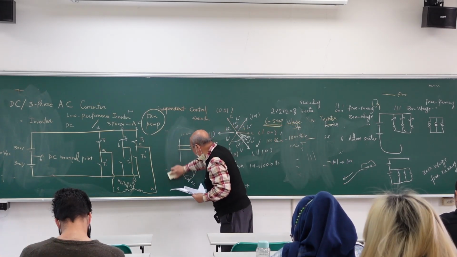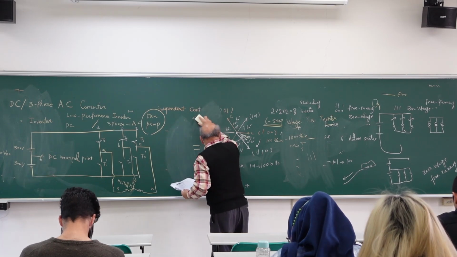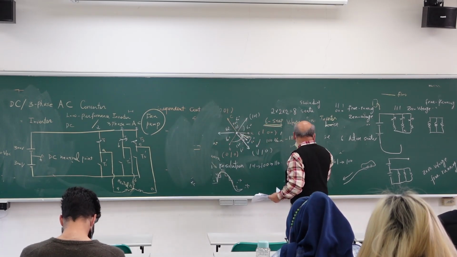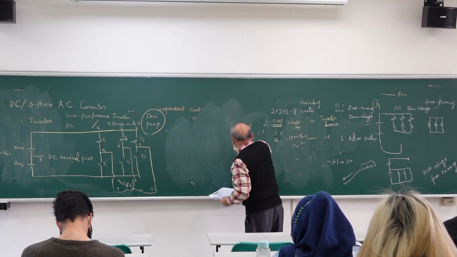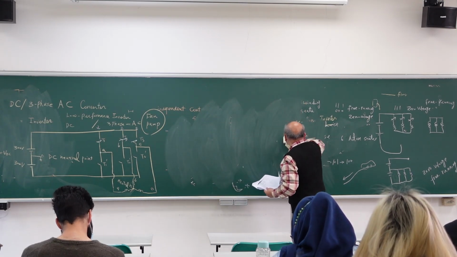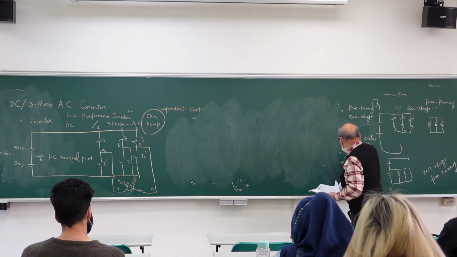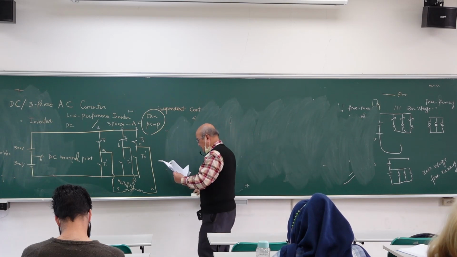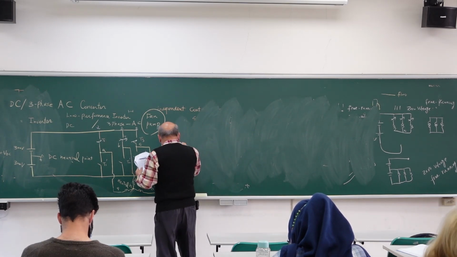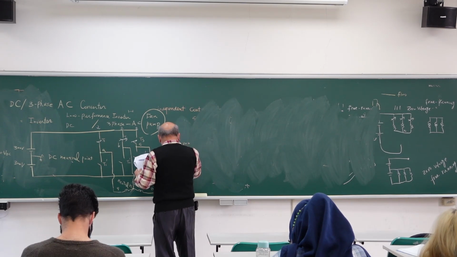So we have this structure. Then we have to follow the steps. So what are the steps? 6 steps. So we have to draw the 6 steps. I will keep this here and I will draw this one. This is 1, 0, 0.